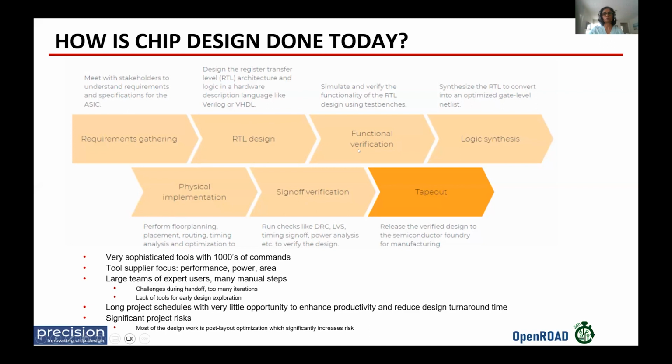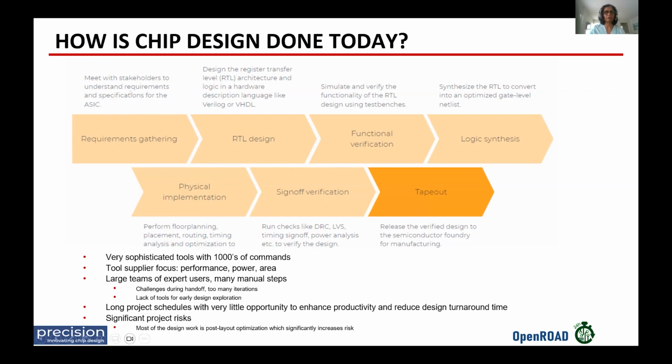Functional verification makes sure that your logical hierarchy behaves functionally correct to the spec. And the next stage is synthesis, which is where the RTL, which is typically written in Verilog, another hardware description language, is synthesized into a circuit description called the netlist.